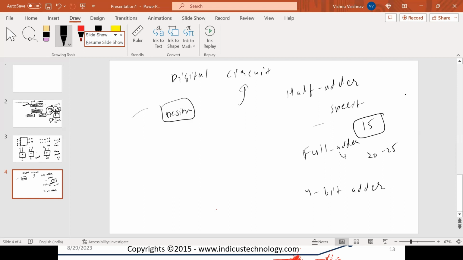You know, chips are everywhere now. Decades ago, when people were asked in interviews to tell the application of a chip, they used to think before they could answer: the application is laptop, the application is this, and so on.